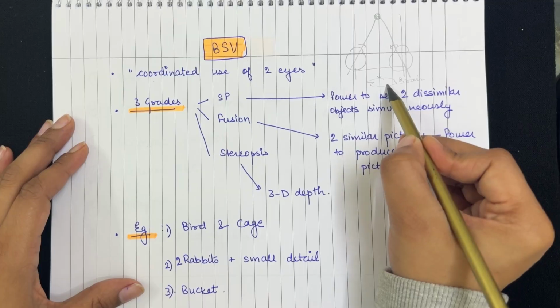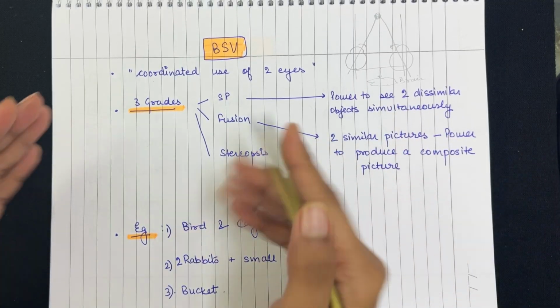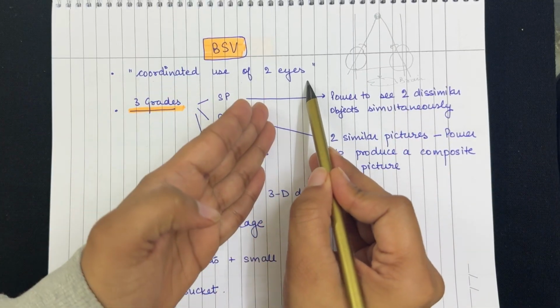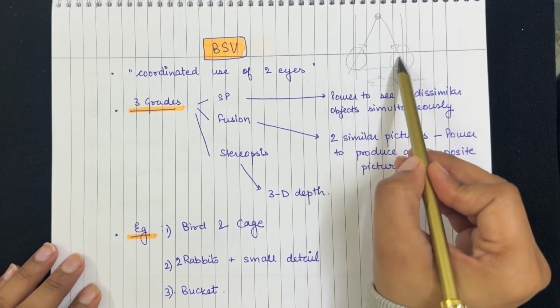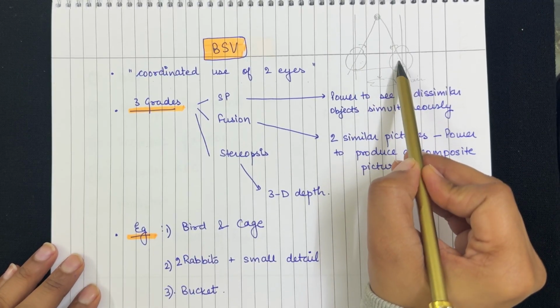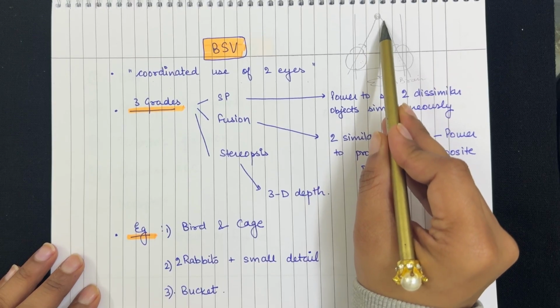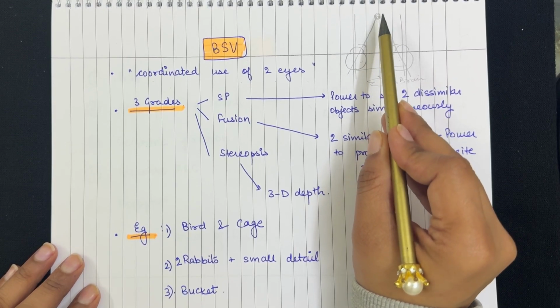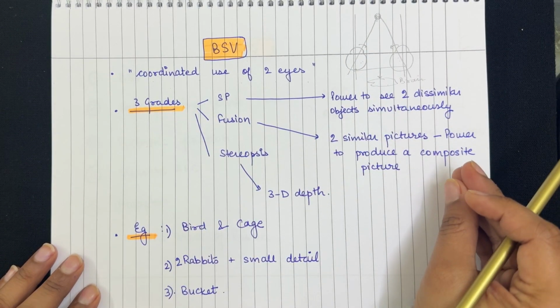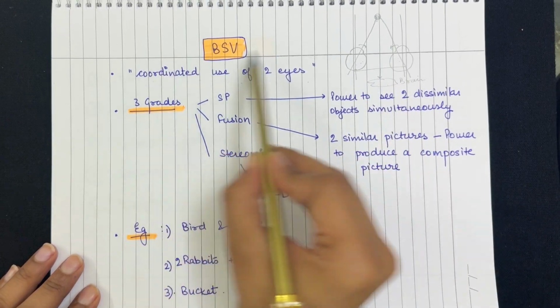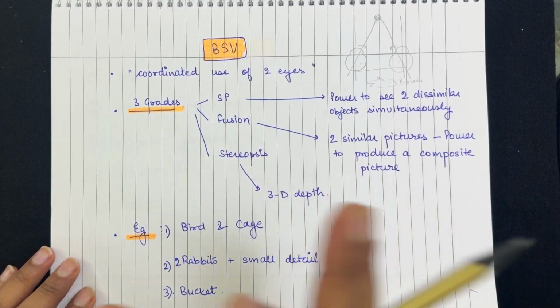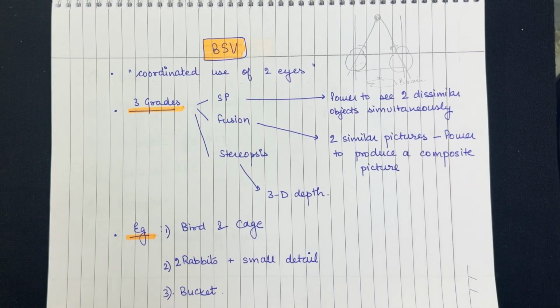So this should be perceived as a single image. So it is a coordinated use of two eyes, simultaneous vision with two seeing eyes when an individual fixes his visual attention on an object of regard. So if you remember this definition and this diagram, you will be very clear with the concept of binocular single vision.